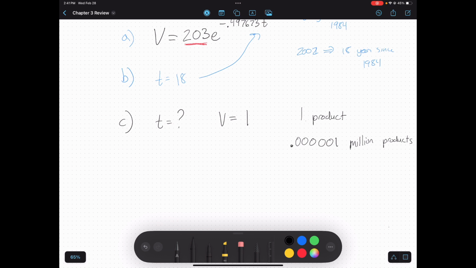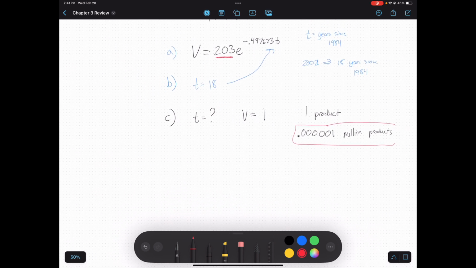By moving the decimal place, I now have this in terms of million products, and I can go ahead and plug this into my formula. So I would plug this in, and then solve from there. Now remember, whenever you're solving for the variable that's in the exponent, what will I eventually need to use here? I'm going to eventually need to use a natural log to solve for this.